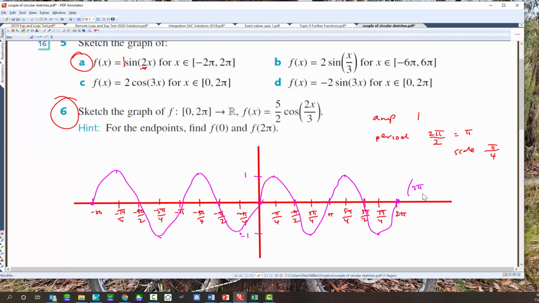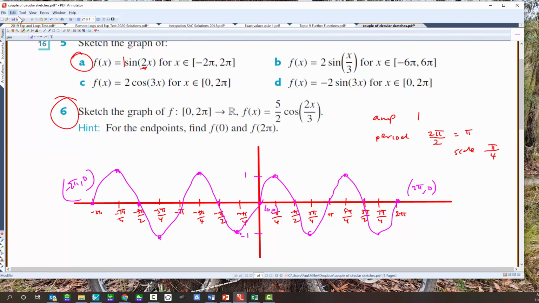So that's 2 pi, comma 0, that's negative 2 pi, comma 0, and all of these turning points here are key features, so they would have to be labeled in a test. Generally, we're not going to get you to do 4 cycles, but all of these x-intercepts here and the y-intercept at the origin will need to be labeled as well. So there's a fair bit of labeling that you need to take care of there. Right, so there is that graph there.